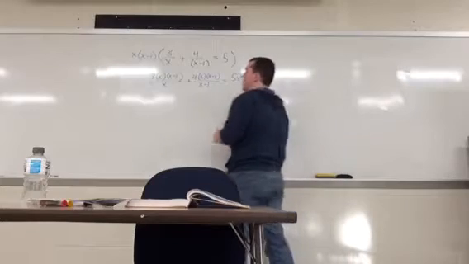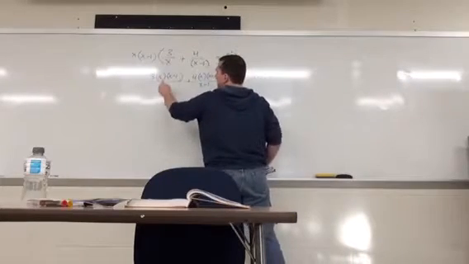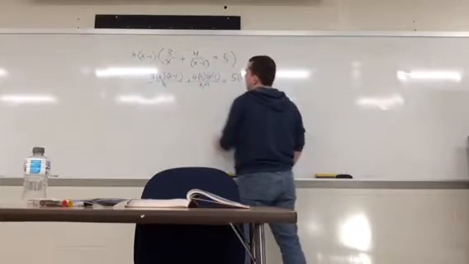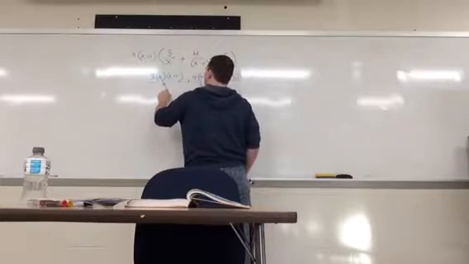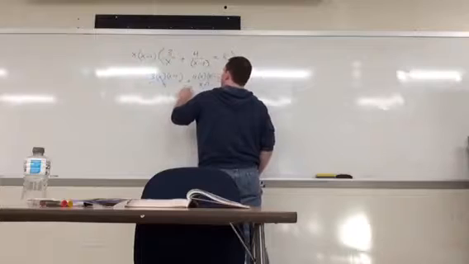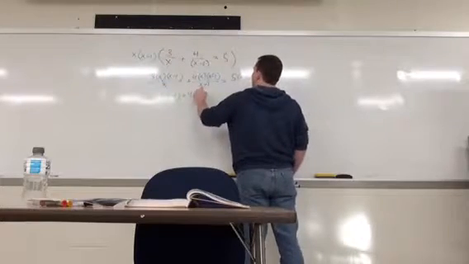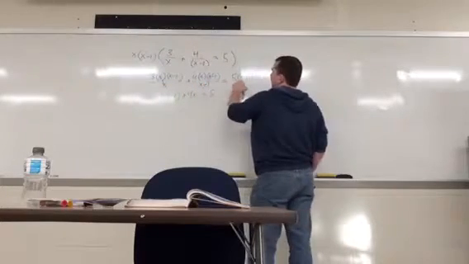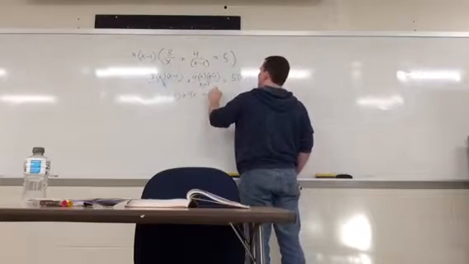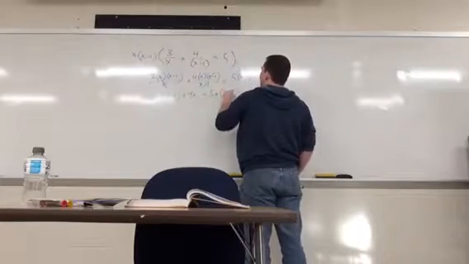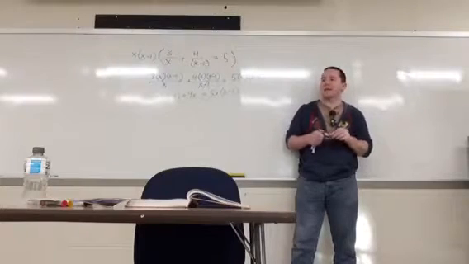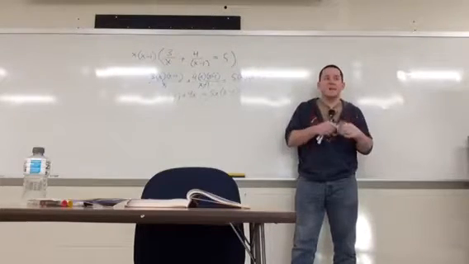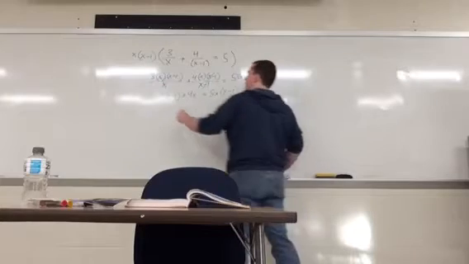Now simplify everything out. x and x cancel here. x minus 1 over x minus 1 cancels here. Nothing cancels there. So you're left with 3 times x minus 1 plus 4 times x equals 5, and here to simplify this, 5 times x is 5x times x minus 1. Get the idea?